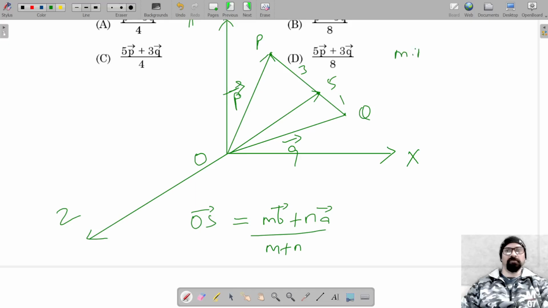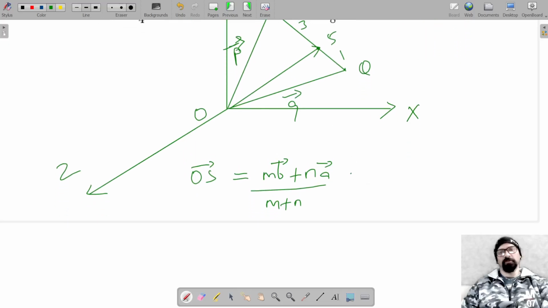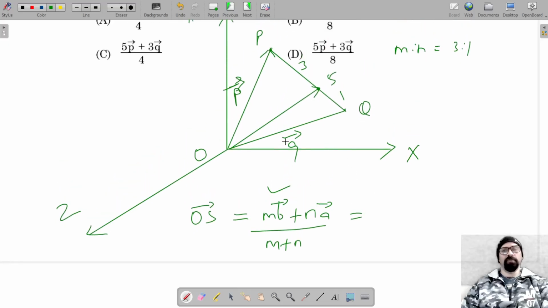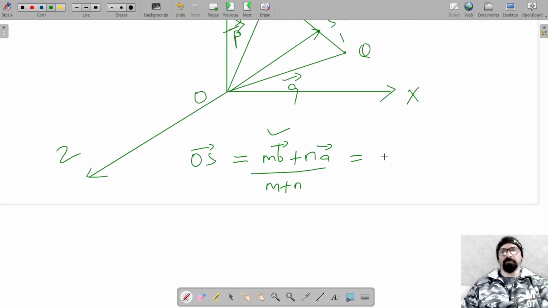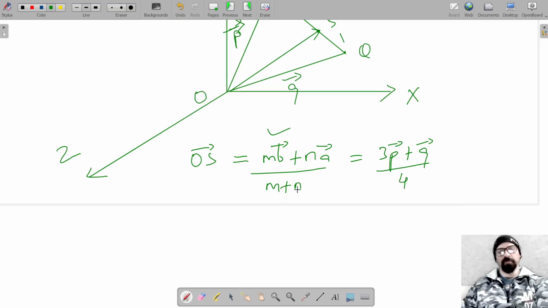So M is to N is equal to 3 is to 1. So let's put in the respective values.